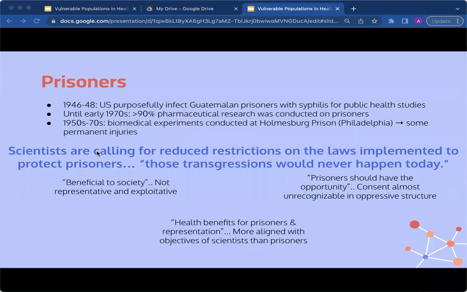Additionally, while research on prisoners' perspectives is scarce and it's plausible that these prisoners would like to see diversification of trial participants, this desire seems more aligned with the objectives of scientists and prisoners. And limited agency, while it is a problematic aspect of prison and it's difficult to address, the real answer would really lie in reducing the systemic oppression of the prison structure rather than bypassing the requirements for informed consent.